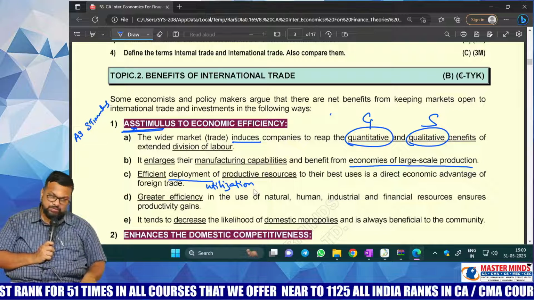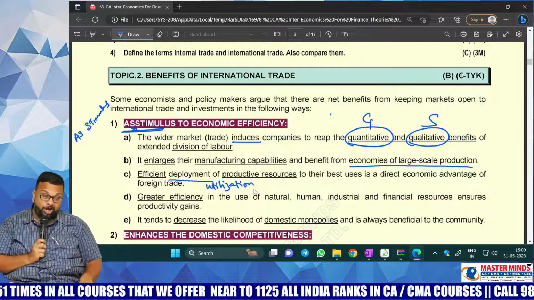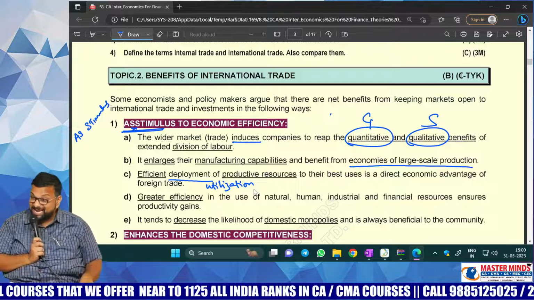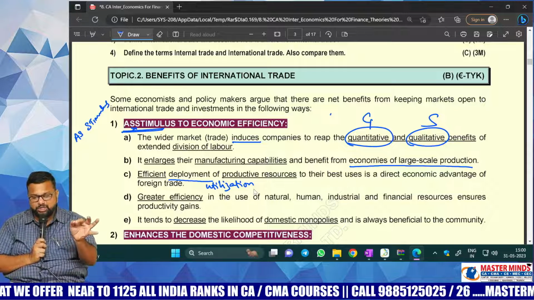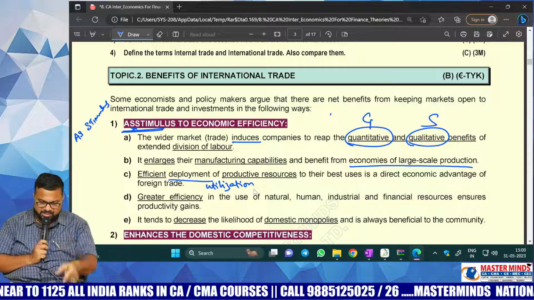Because of this, what will happen? The competition in India increases. When competition increases, companies will be forced to utilize scarce resources efficiently. Utilization of scarce resources efficiently is a good thing or bad thing? It is an advantage. That is the meaning of that point.